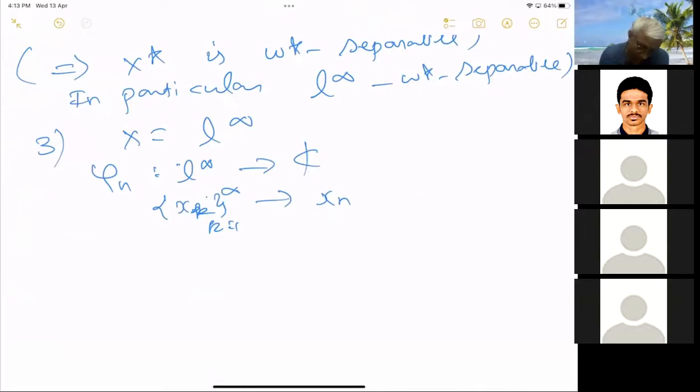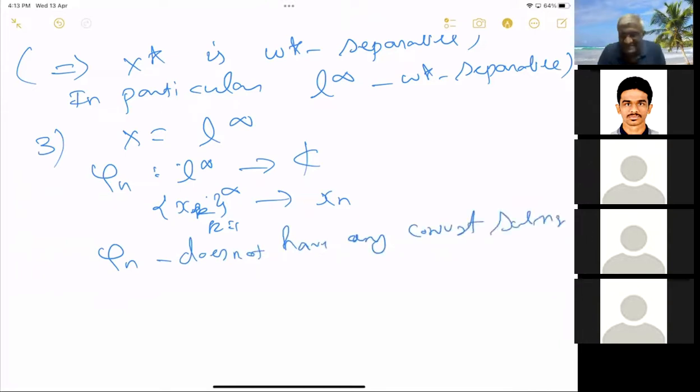Okay. Then this phi n does not have any convergent subsequence.